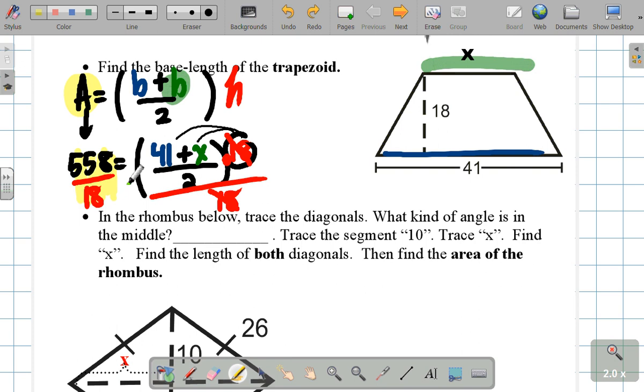Solve for x, folks. I'll be back in 30 seconds. Solve for x.